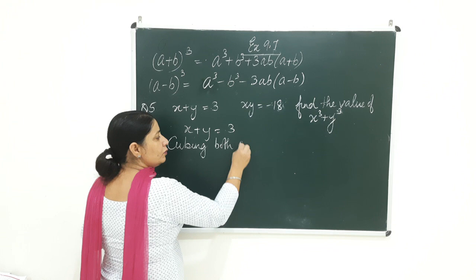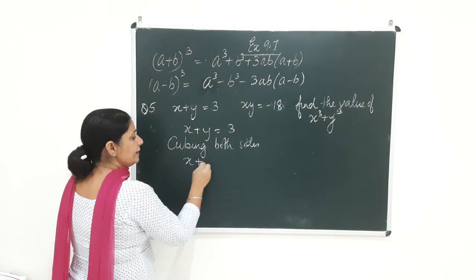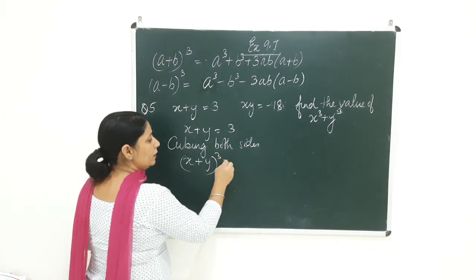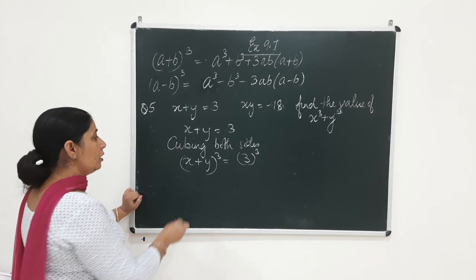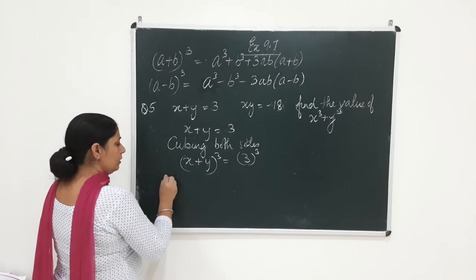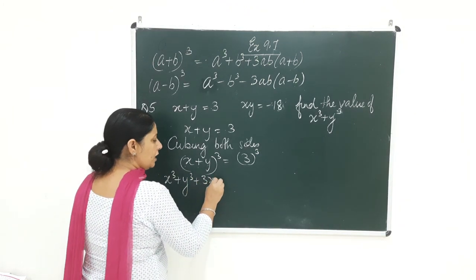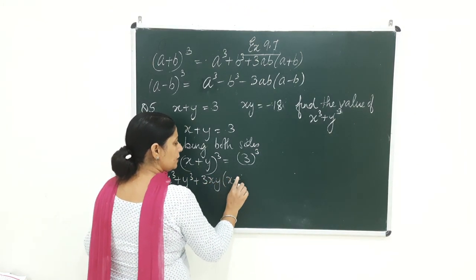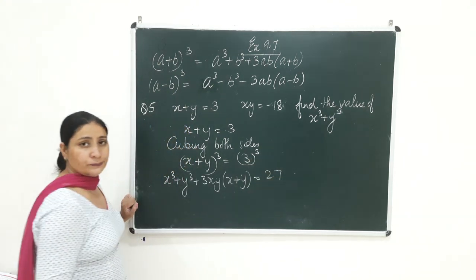As I was doing the squaring, we will be cubing both sides. So I will write it as x plus y the whole cube is equal to, this side I will have the cube of 3, 3 cube. Now beta, this is a plus b the whole cube, that is equal to a cube plus b cube plus 3ab bracket start a plus b, and this is equal to 3 cube which is equal to 27.